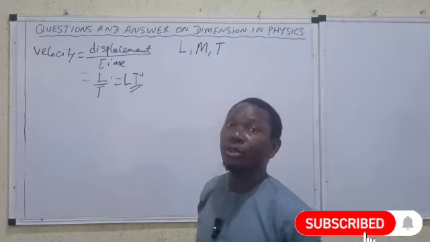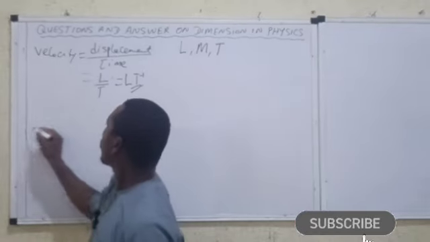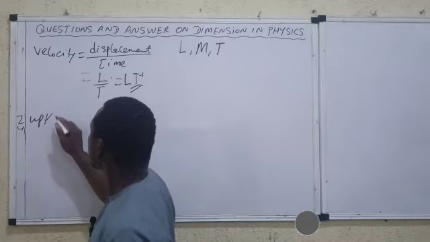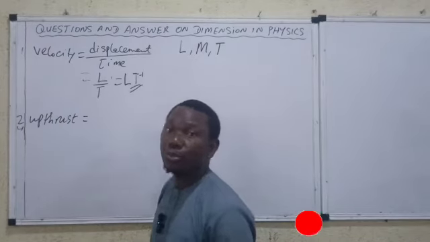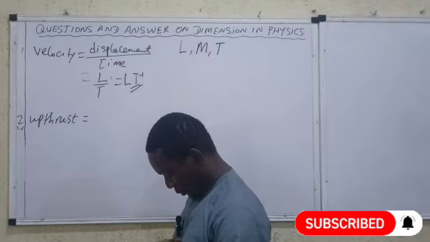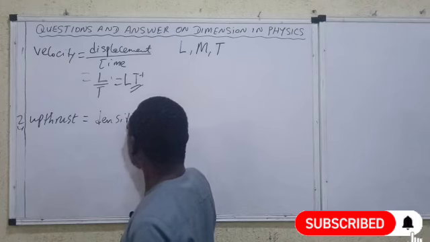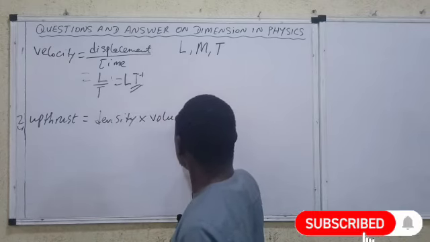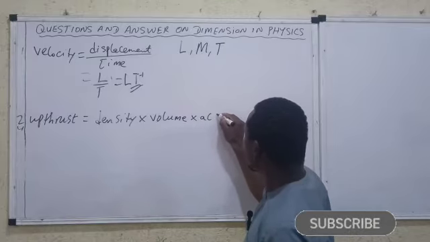Before we start discussing complex questions, let's take the dimension for upthrust. The first thing you must know is the formula for that particular thing. Upthrust is actually density times volume times acceleration due to gravity.